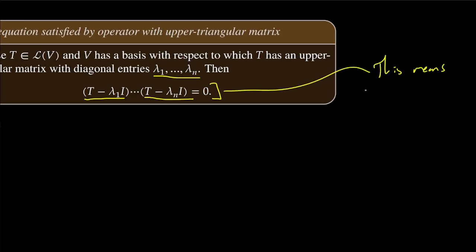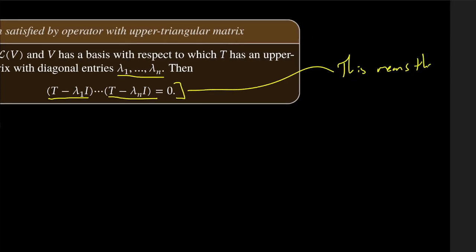This means that P of T is equal to 0, where P of z is the polynomial (z minus lambda 1) through (z minus lambda n).